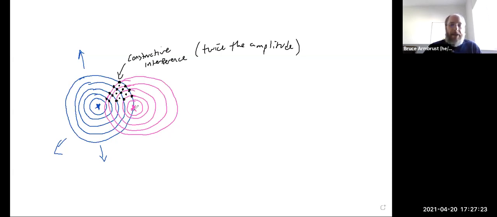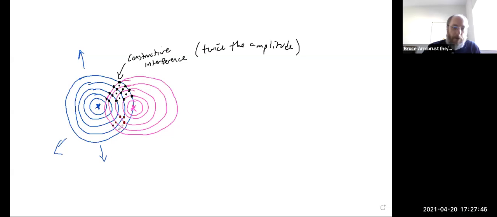Okay, so then the destructive interference, that happened where we ended up getting a maximum with a minimum, or a peak with a trough. And so those are going to be places that are on one line, but halfway between the others.